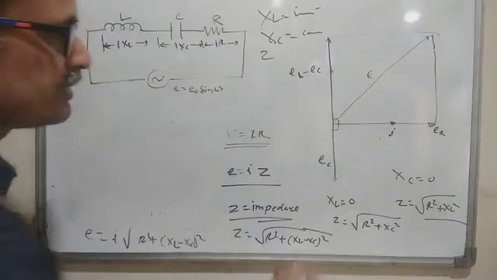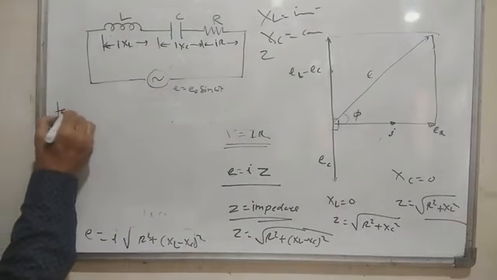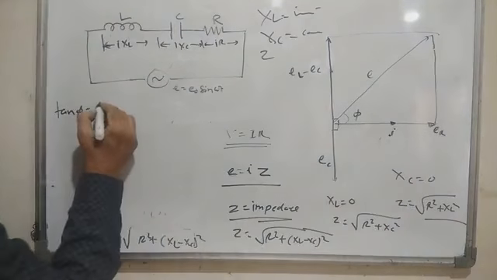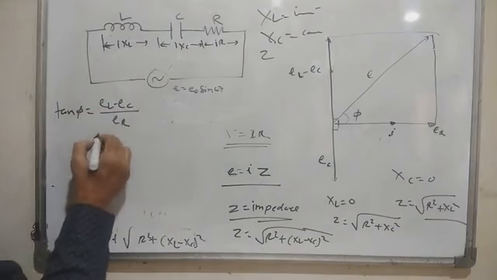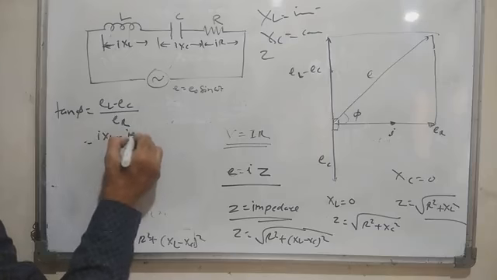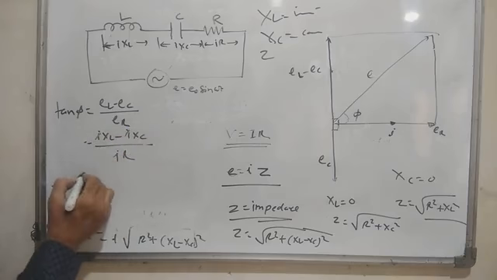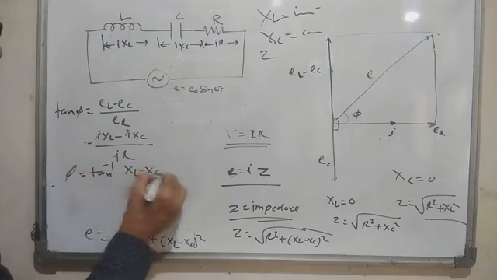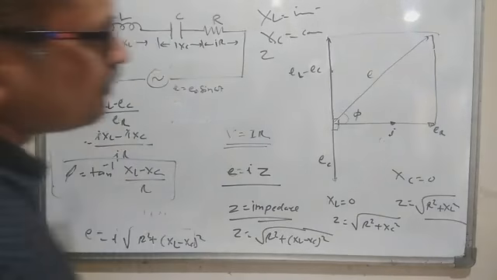Suppose the angle between I and E is phi. Then tan phi equals the opposite side upon the adjacent side, that is EL minus EC upon ER, that is I into XL minus I into XC upon I into R. The I cancels, and we have phi equal to tan inverse of XL minus XC upon R. Now look at this vector diagram.